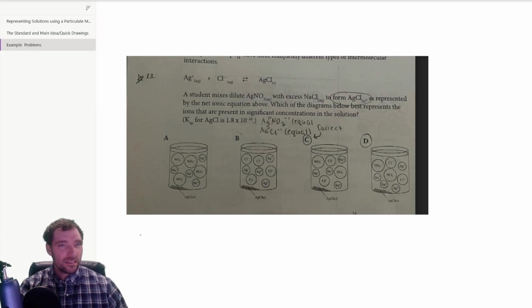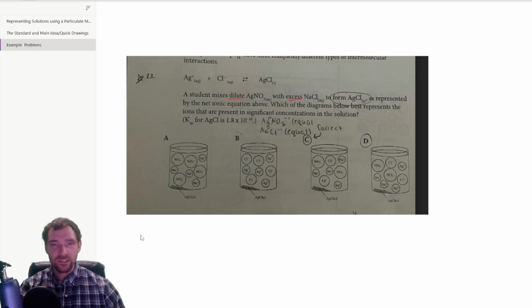So the first thing that I notice when I'm reading this is, which one is in excess? It looks like we've got excess NaCl and dilute AgNO3, and they're telling us which ones are precipitating out and which ones are still spectators.